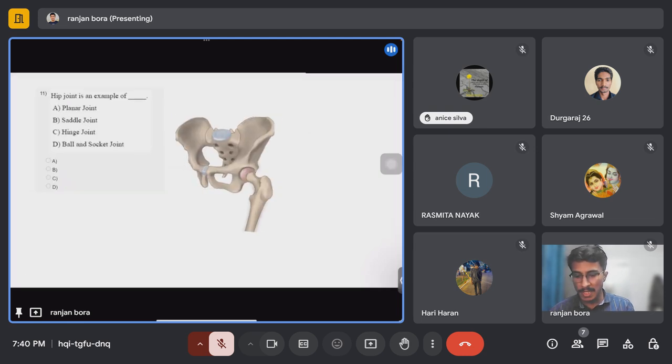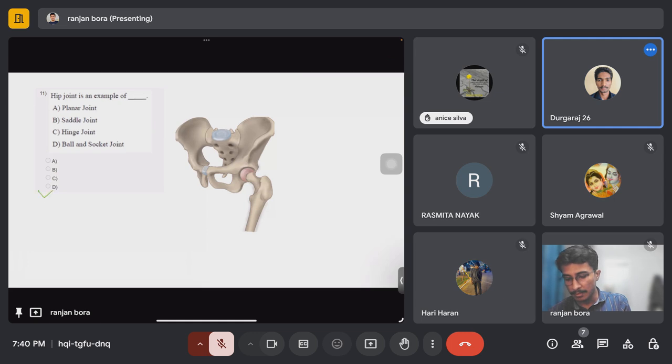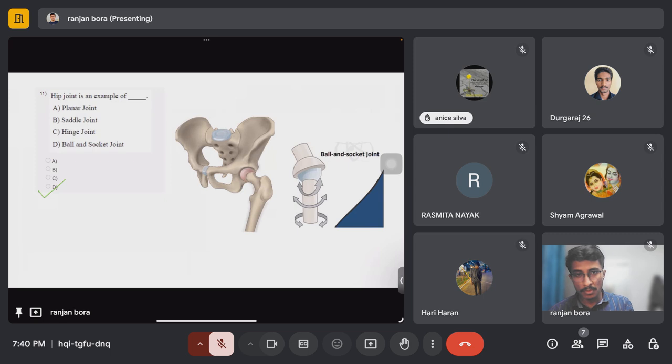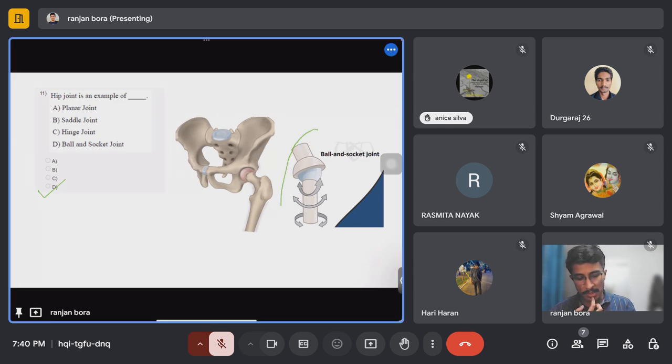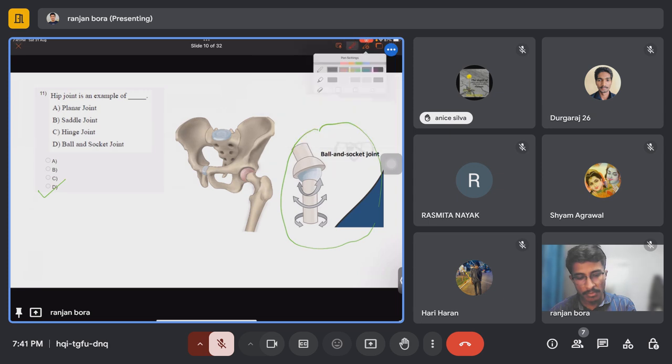Next, the hip joint is an example of ball and socket. You can see this is the ball and socket joint. If we consider this as the femur, the upper part is the socket and this is the ball.